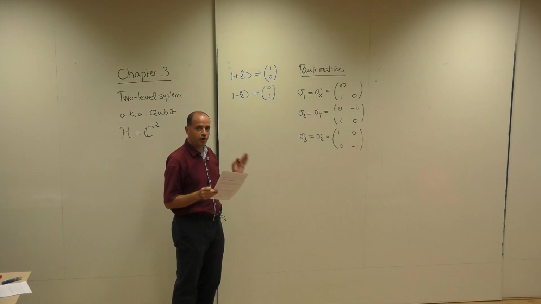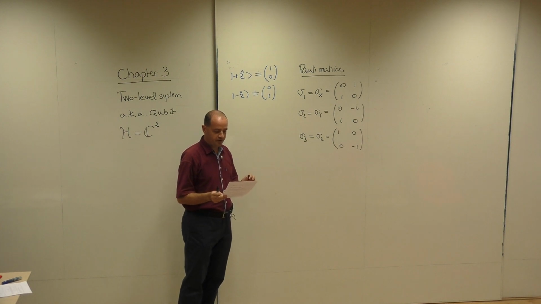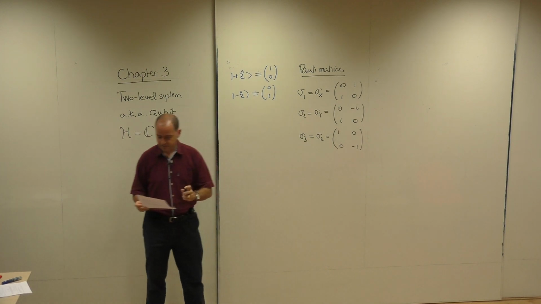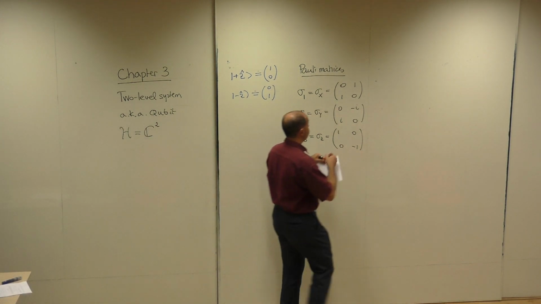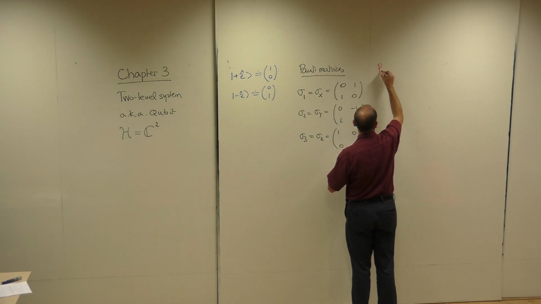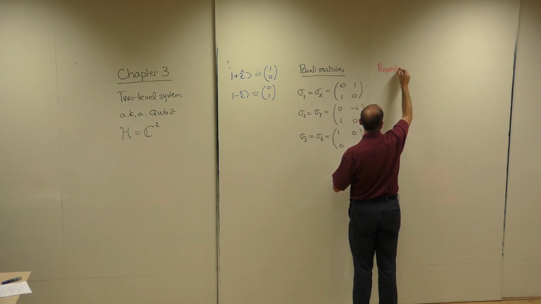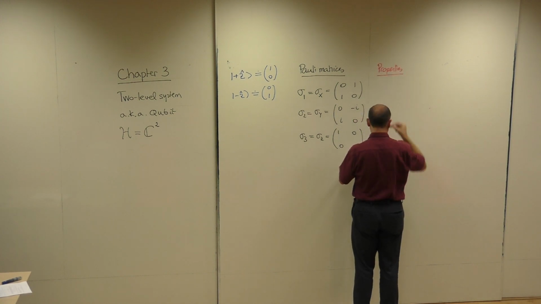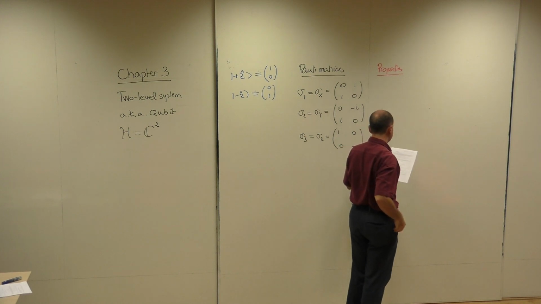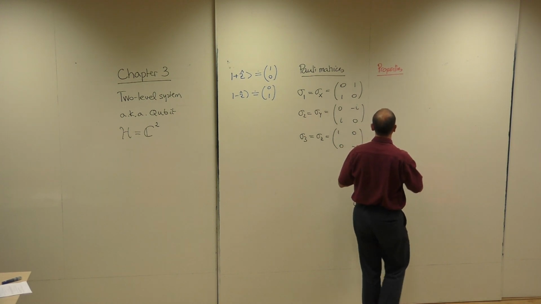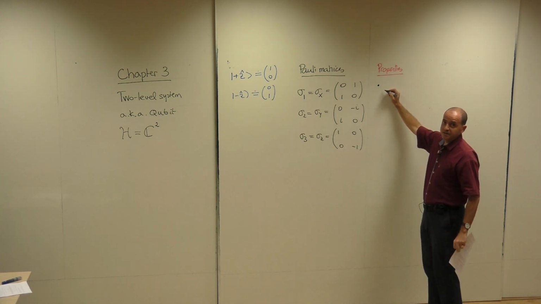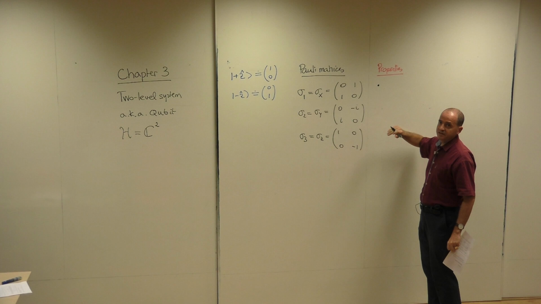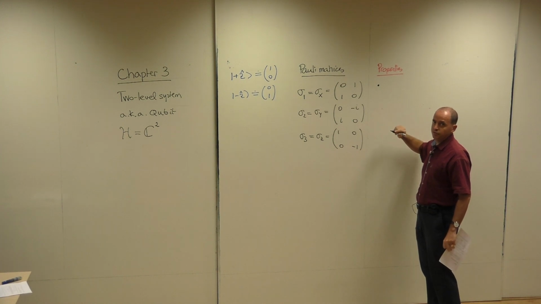What are the properties of these matrices? Let's go calmly through them and see what happens. So these are the properties. First of all, the 3 Pauli matrices, and all of that we are going to define later, are both Hermitian and unitary, as is easily checked.